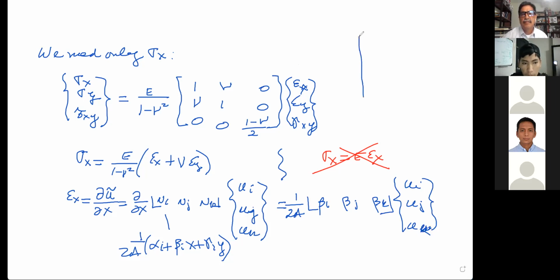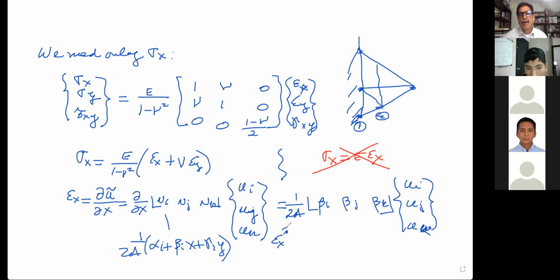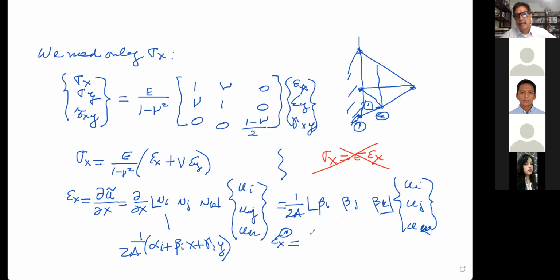Now, for this element here, you see that this joint and that joint are clamped, so they don't move. If this is joint 1, this is joint 2. So epsilon x for element 1, for this element here, is going to be equal to what? Anybody? Ms. Lopez, epsilon x just for this element is equal to what? Beta 1 over 2a.